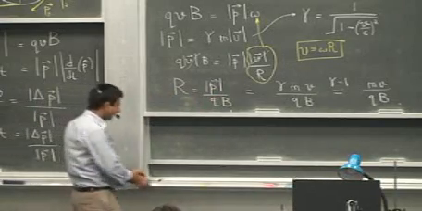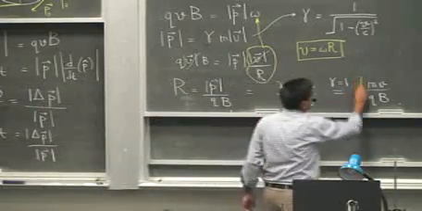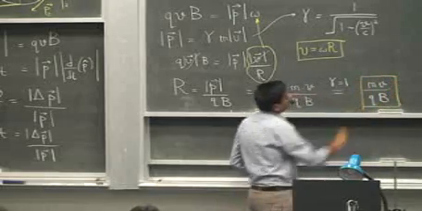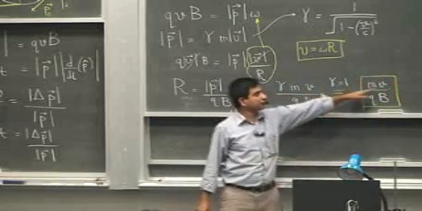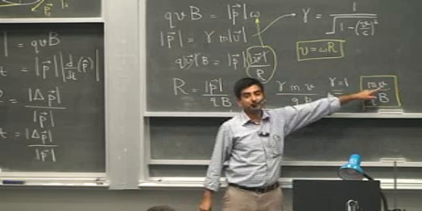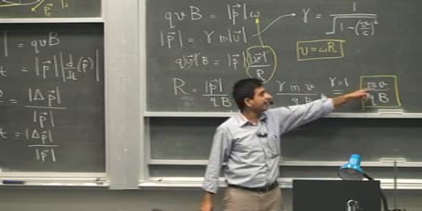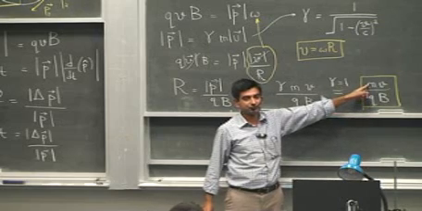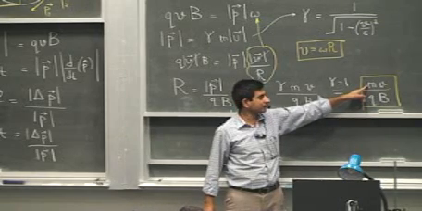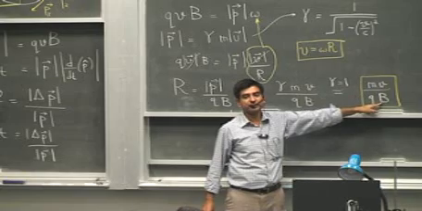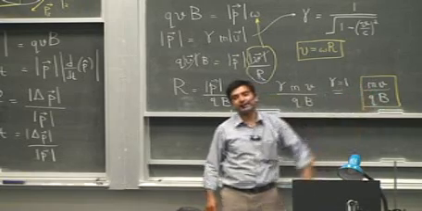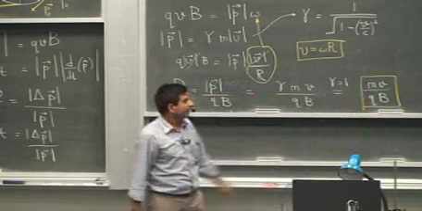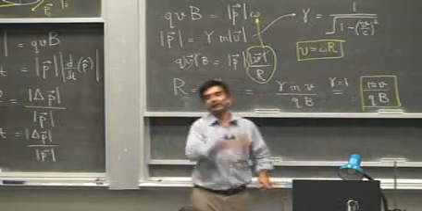Okay, so this is the radius of motion. If you are at low speeds, it's proportional to the speed. r is higher if the momentum is higher, and it also depends upon the charge to mass ratio. Okay, so this is the charge, this is the mass of the moving particle. It also depends upon the magnetic field. Higher the magnetic field, smaller will be the radius. Higher the momentum, bigger will be the radius.